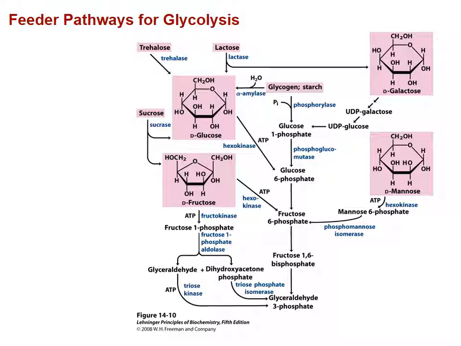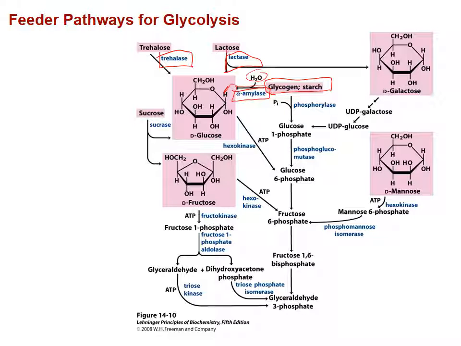As you can see in this scheme, we have many different enzymes involved in transforming one type of sugar into another. Importantly, let's say we have glycogen and starch. Glycogen and starch can be converted into glucose by addition of water with the help of alpha amylase.